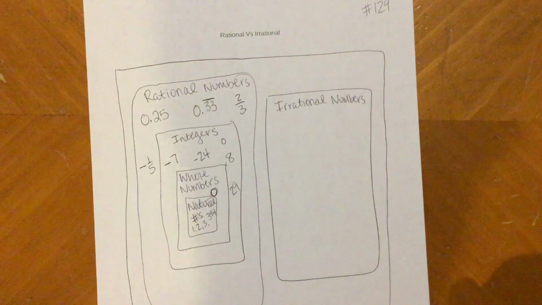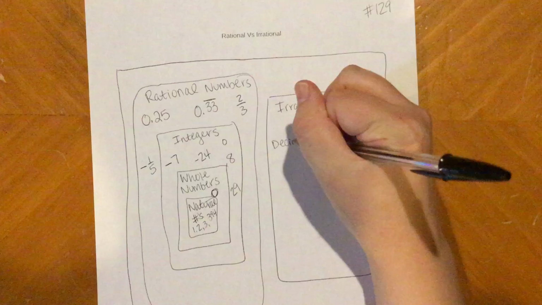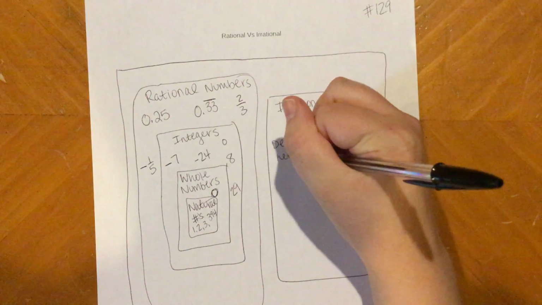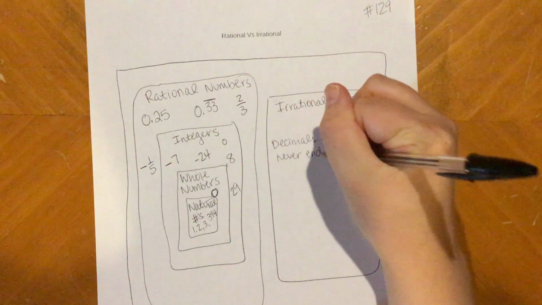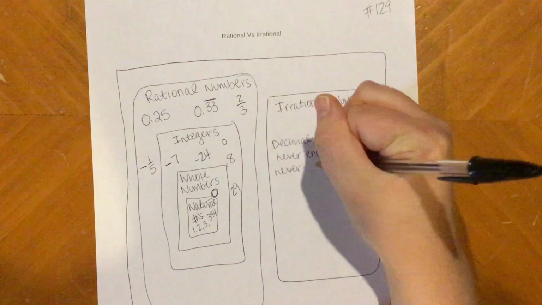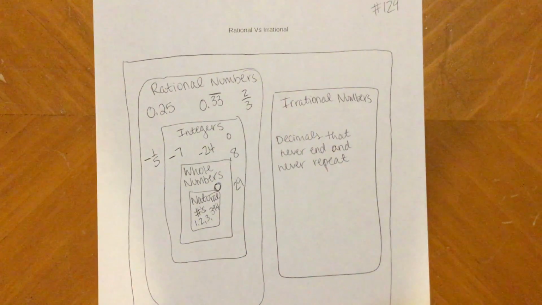The different thing about irrational numbers are typically that they are decimals that never end and never repeat. Okay, never end or never repeat.